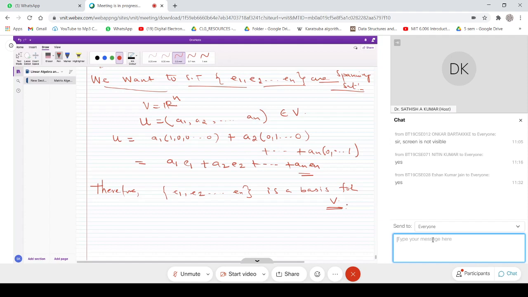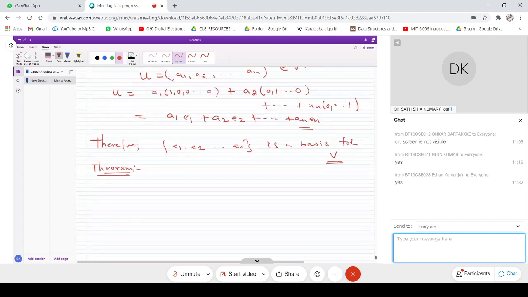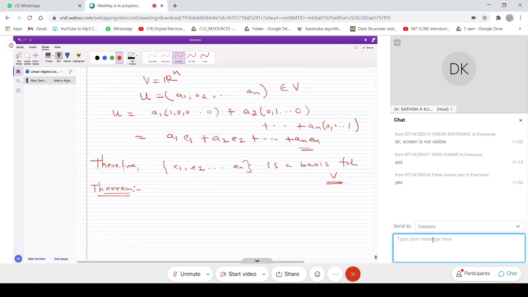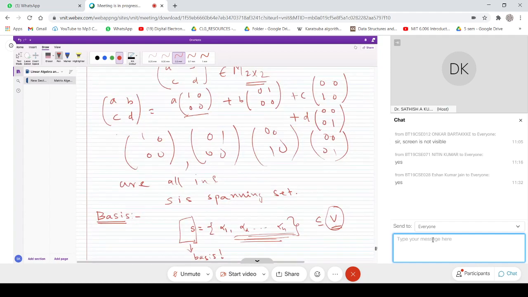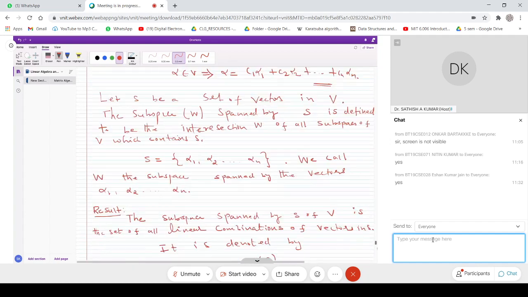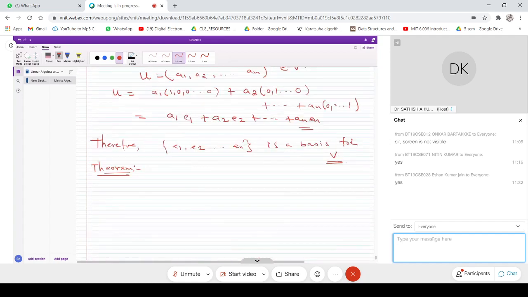Okay, so using these concepts, let's have this result. You can say it is a theorem. So we have a basis and then we have a spanning set, right? Okay.